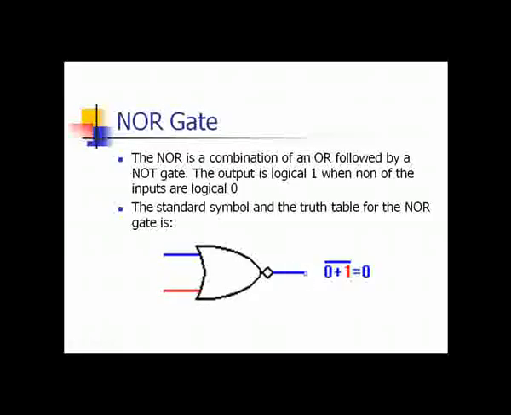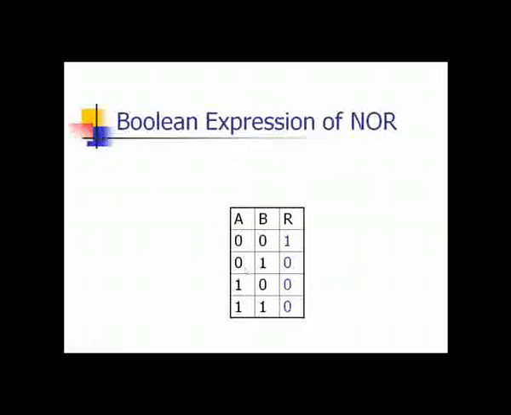Now let us move on to the XOR gate. XOR gate is a combinational circuit which produces a logic 1 output only when both the inputs are different, and it represents a logic 0 output when both the inputs are the same.